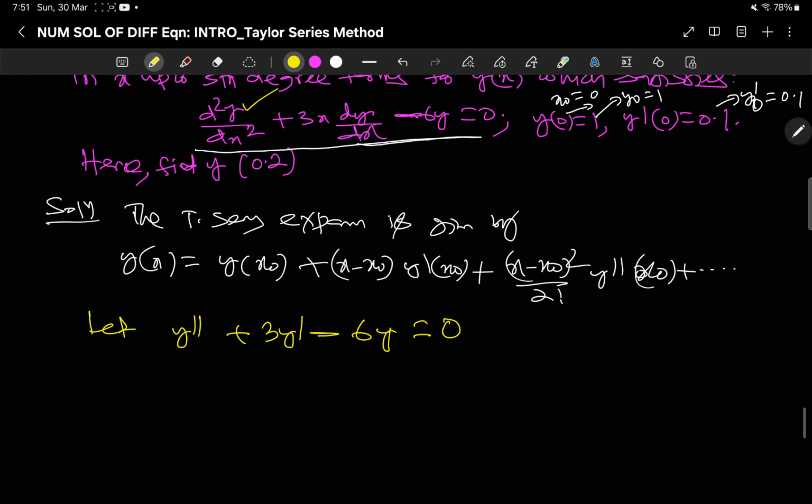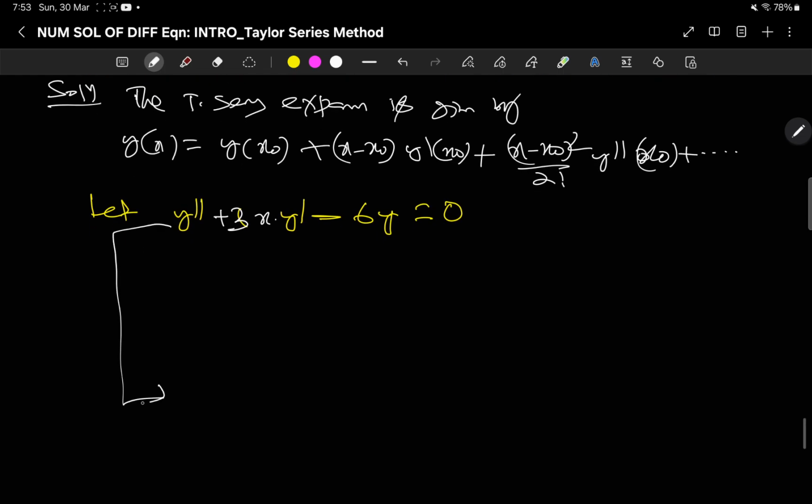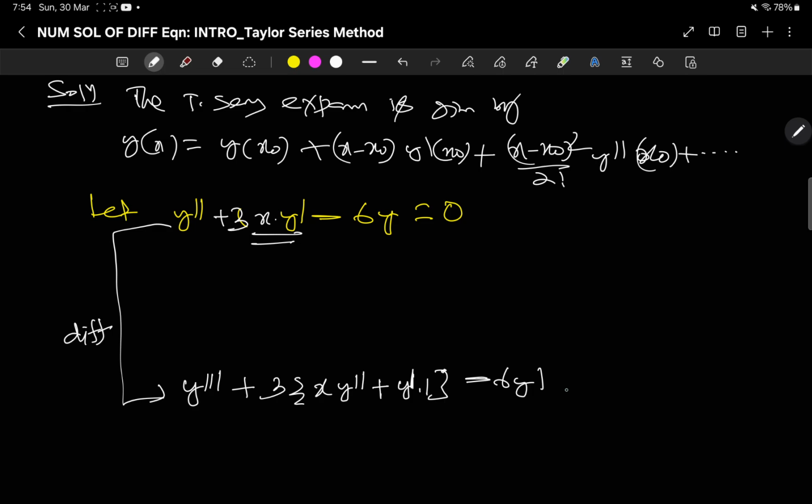If you differentiate it with respect to x, by implicit differentiation, it is y triple dash plus 3, you have here the product formula, x times derivative of y dash is y double dash, plus derivative of x is 1, it is y dash into 1, and minus 6y dash, this is equal to 0.